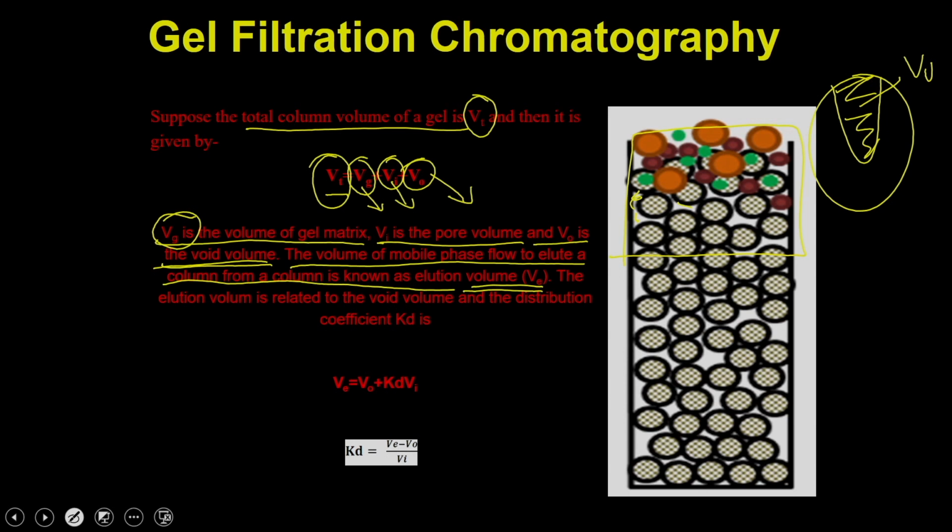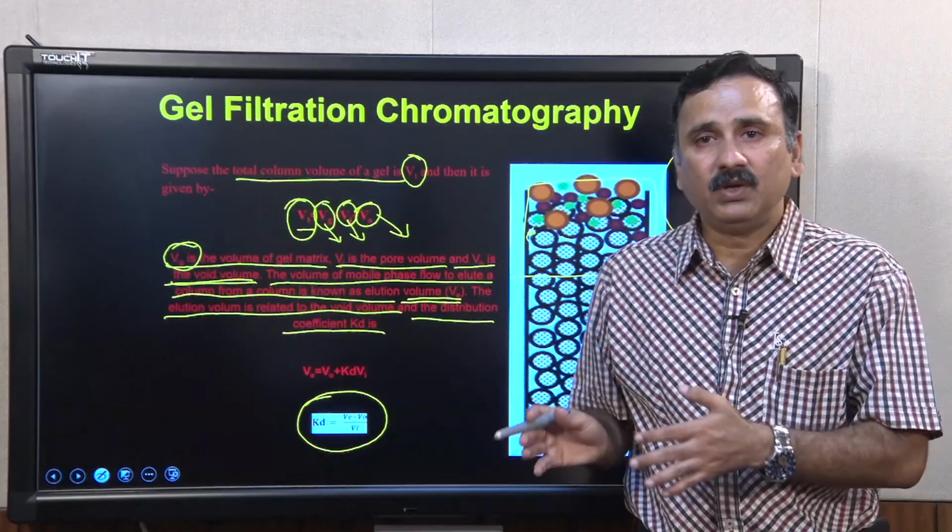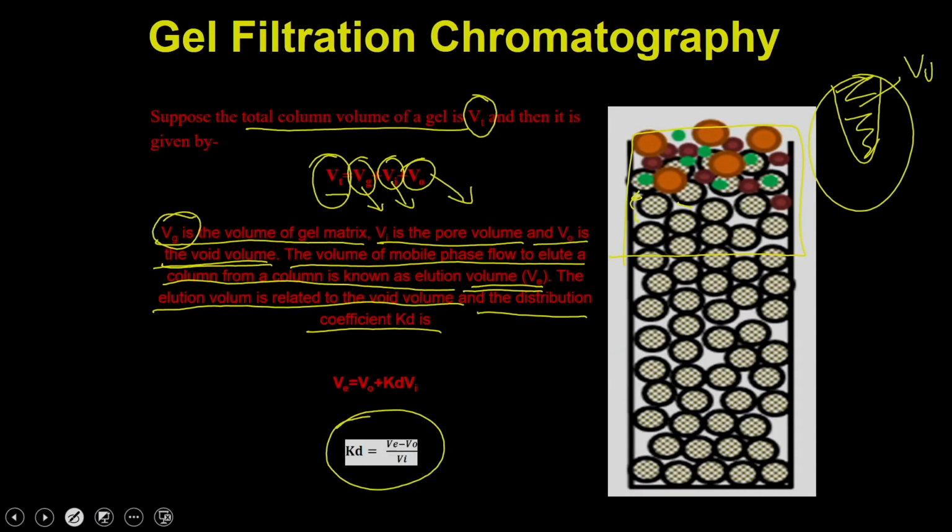The elution volume is related to the void volume and the distribution coefficient Kd. The relationship is that Kd is equal to Ve minus Vo divided by Vi, and you can calculate the Kd value.